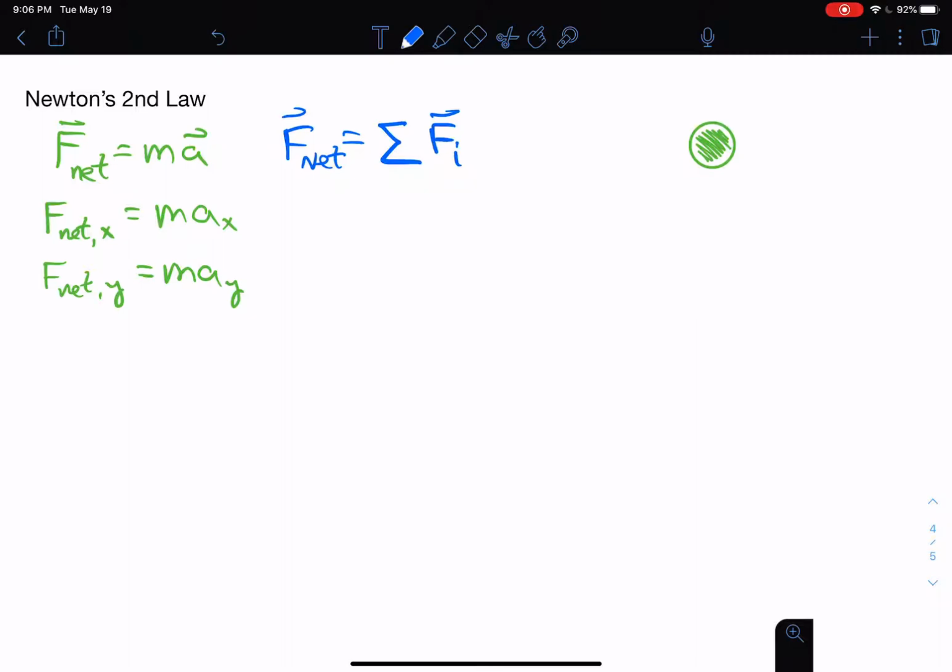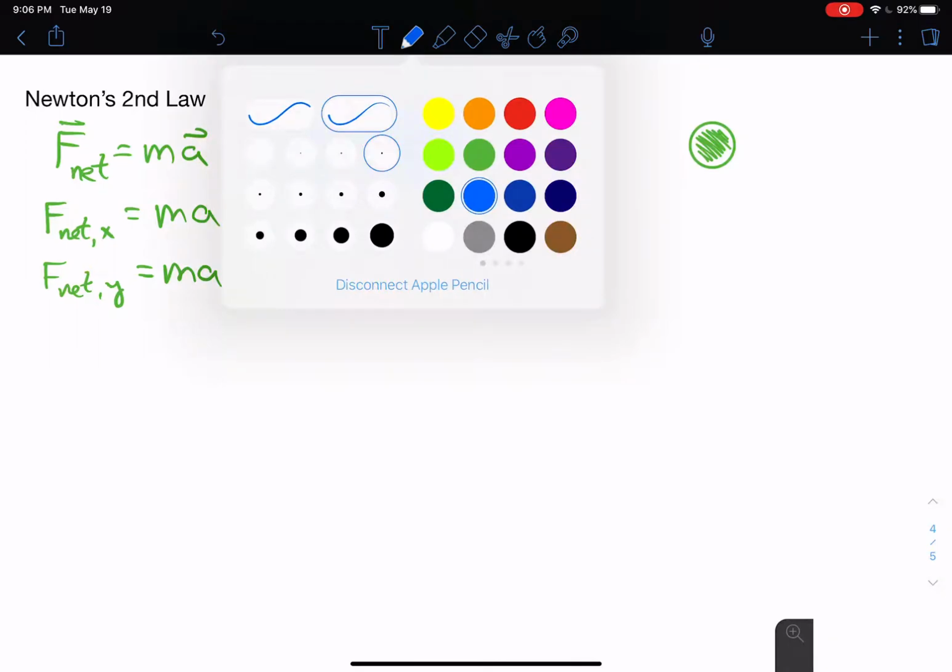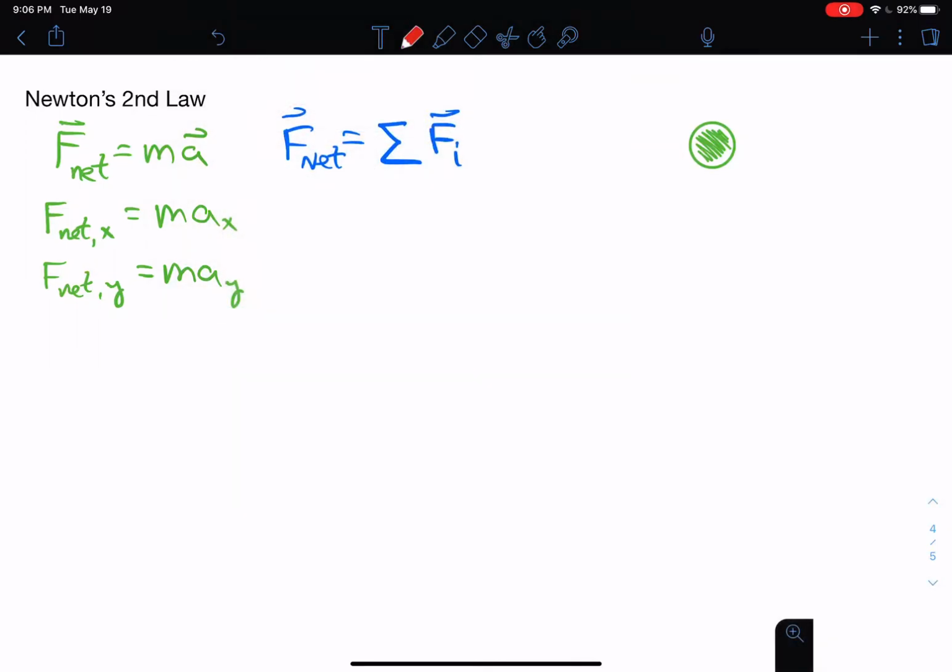So you can see over here on the right, I've got my object, just a little green ball. And what I want to do is draw the forces that are acting on it. So we could have a force that's acting to the left, and let's say we've got a force that's acting up.